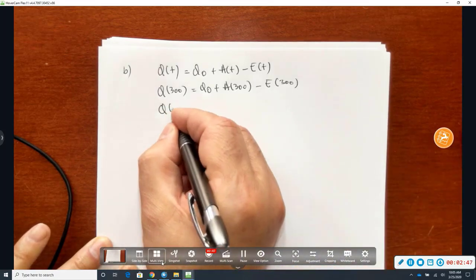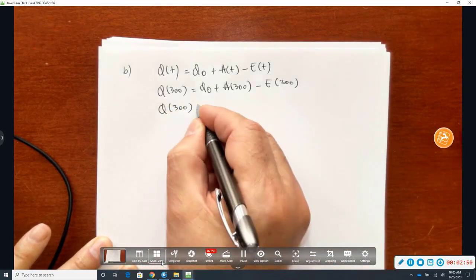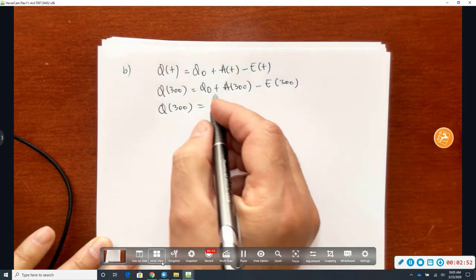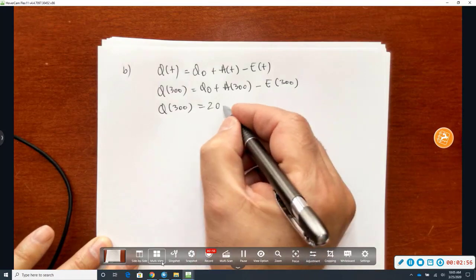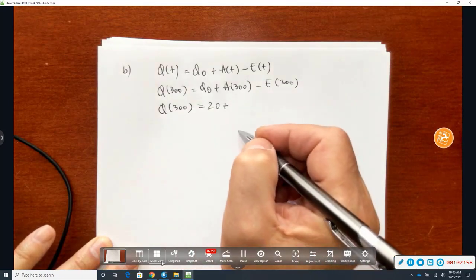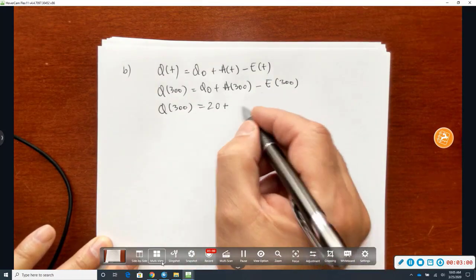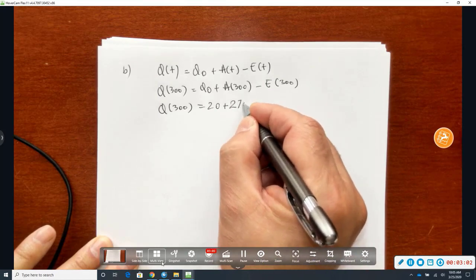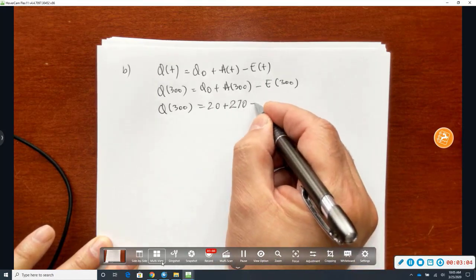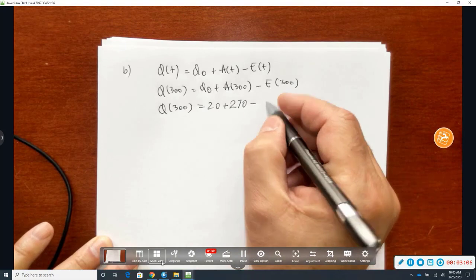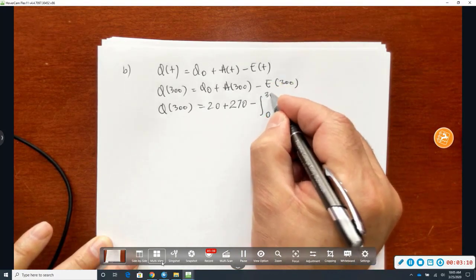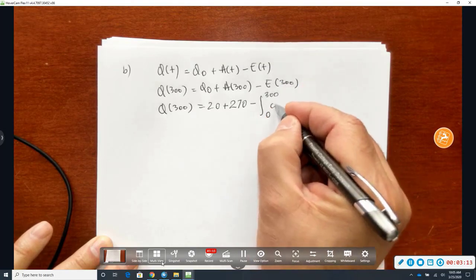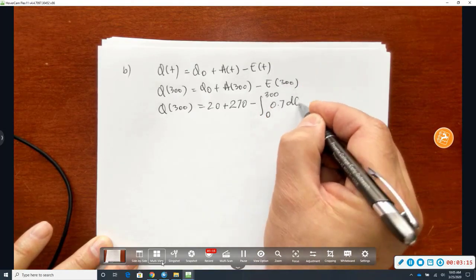Let's go back with the substitution we already know. At time 0, there were already 20 people on the escalator line. After 300 seconds, we discovered that there were 270 people added, and the people that will exit are given by the integral from 0 to 300 of the rate at which the people are getting out, dt.